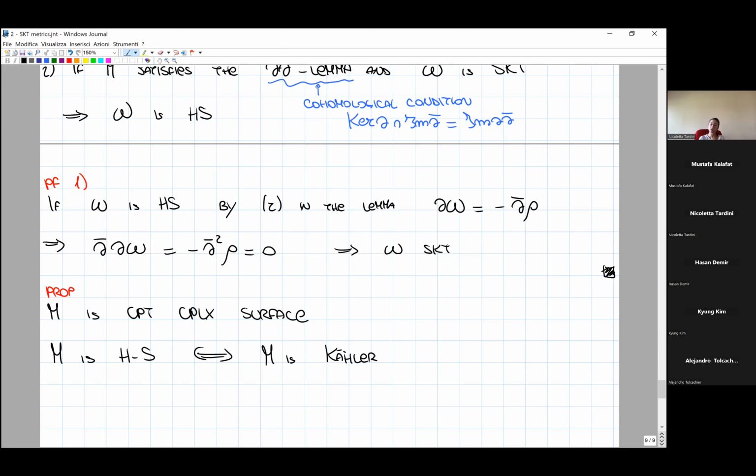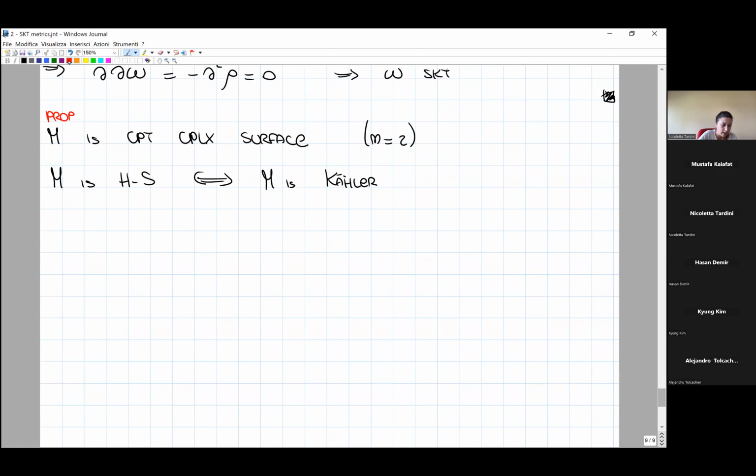It will be a different metric, but you have a Kähler metric. So in dimension 2, for surfaces, we cannot find non-Kähler Hermitian symplectic structures. In fact, it is an open question of Streets and Tian. So this is still, as far as I know, an open problem to find non-Kähler examples of Hermitian symplectic metrics.